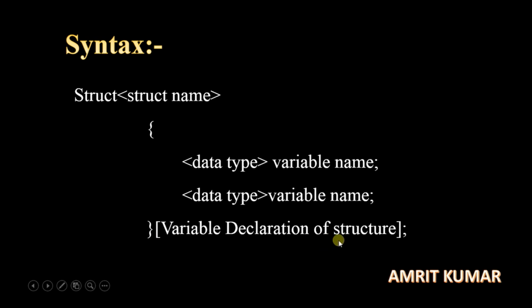You need to specify the variable which is of the structure type, so it can access each and everything of the structure. Then you need to put the semicolon, which is the required part. So this is our syntax part.